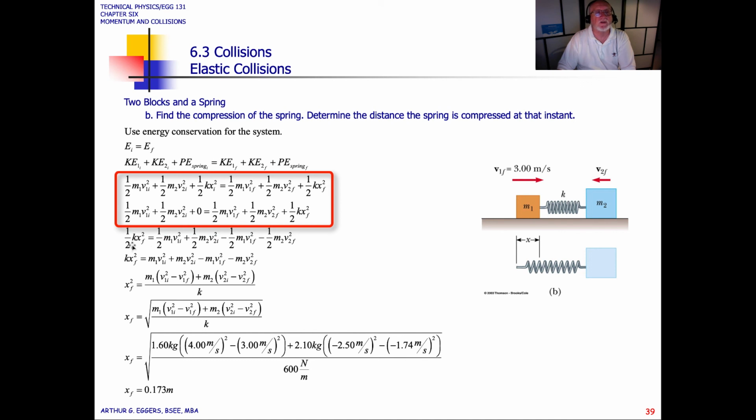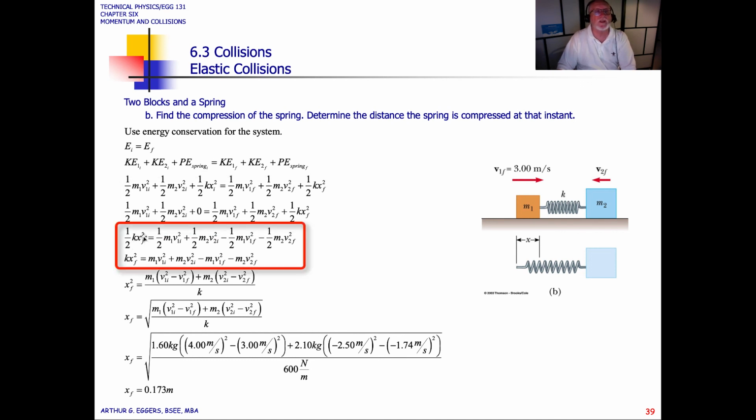Okay, so now we're going to solve for the distance that the spring is compressed. So that is our x sub f squared. We're going to isolate that to the left side of the relationship. We're going to move everything else to the right side. Again, since the 1/2 is common in every term, we can take that out. And what we're left with then is the distance in the spring final squared is equal to, now we're going to factor out mass 1 and mass 2 from our relationship and divide by the spring constant.